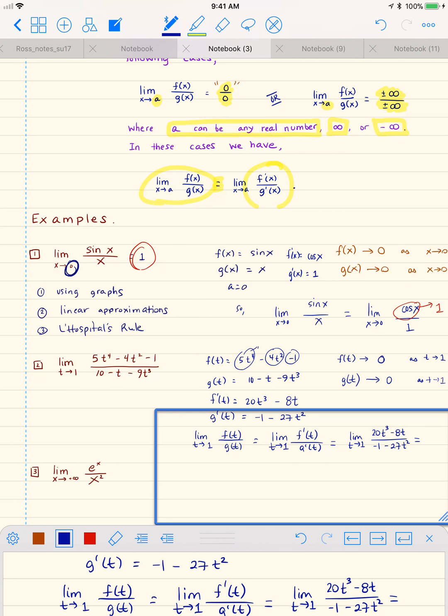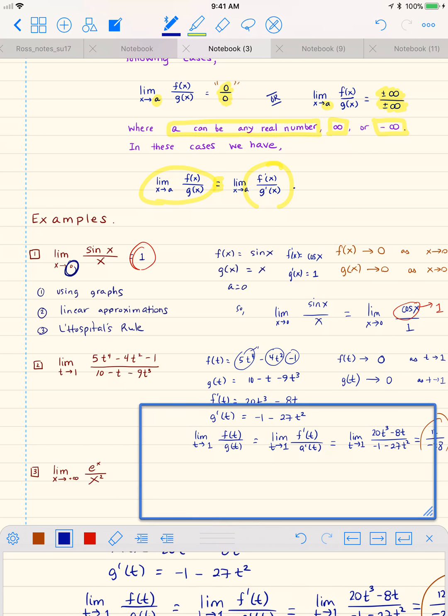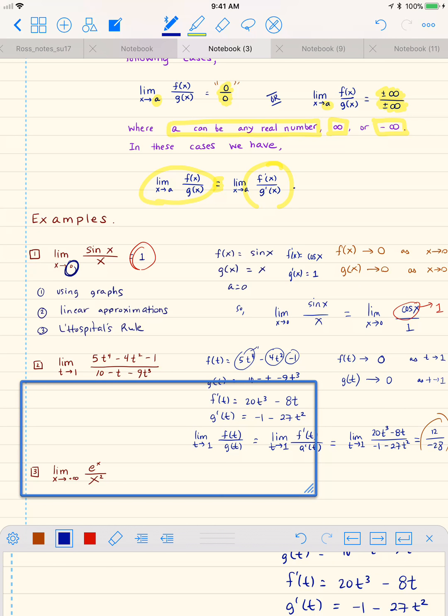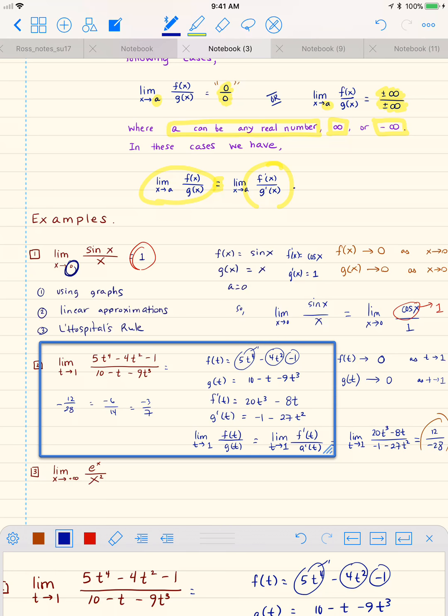Now as t approaches 1, the numerator is going to be 20 minus 8, which is 12, and the denominator is going to be negative 28. Okay, so that's our answer. Let's go ahead and write it up here. Negative 12 over 28, which I think we can simplify. So negative 12 over 28, negative 6 over 14, negative 3 over 7. Okay, so this is equal to negative 3 over 7.